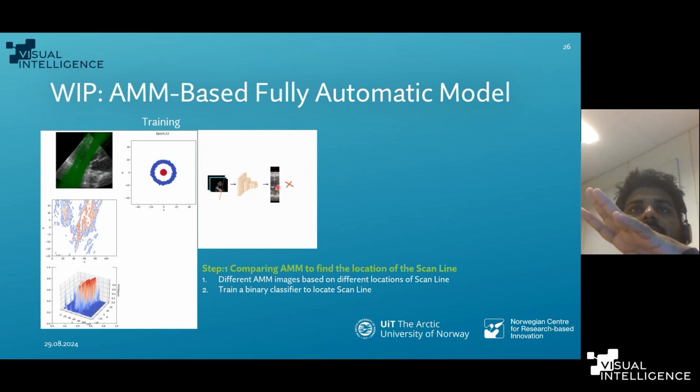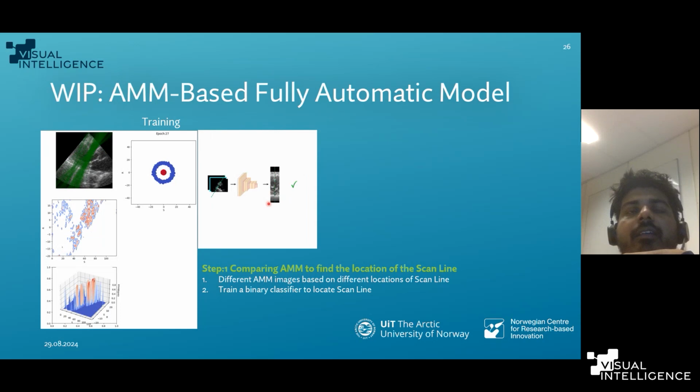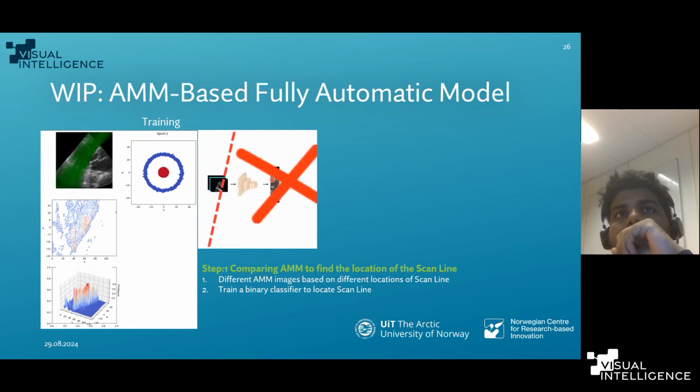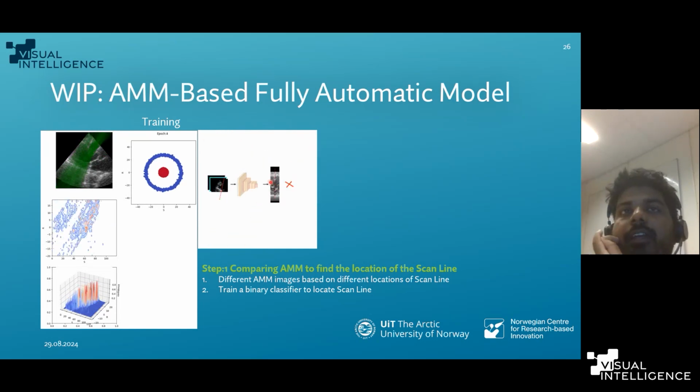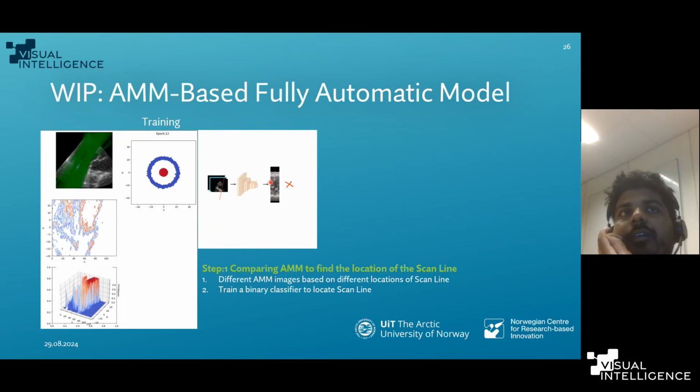Otherwise, I call the resulting image a wrong image. I train a binary classifier: when I feed the generated AMM image to the neural network, is it able to identify whether the given input is correct or not?